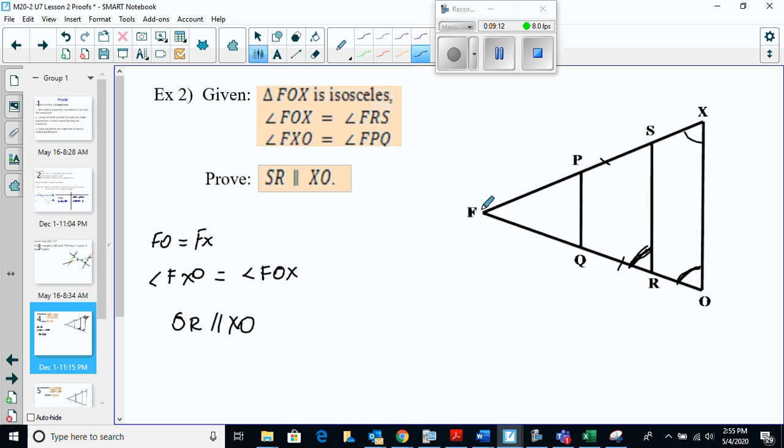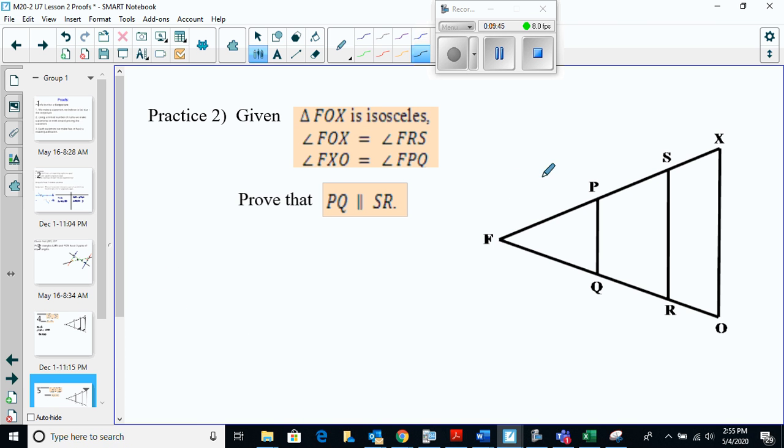Remember what we said in the prior lesson, that we can use those angles to prove that the lines are parallel. The two alternate interior angles are between two lines, but we don't know if they are parallel or not, and a transversal line. If they are equal to each other, then the two lines are parallel to each other.